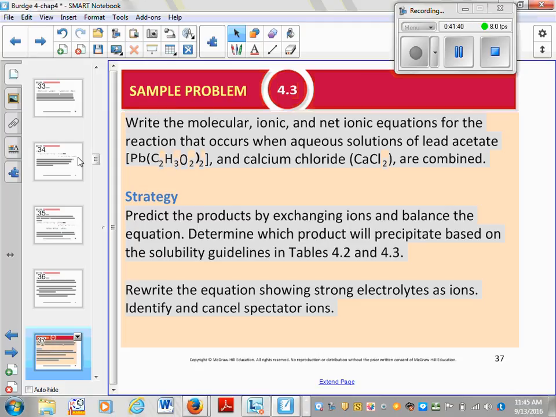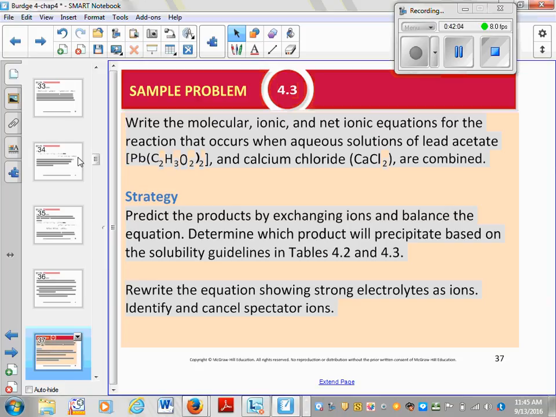So now we're going to write our ionic equation. Everything that has aqueous we're going to break apart into ions. So here we have Pb2 plus, 2C2H3O2 minus. Put the aqueous here.